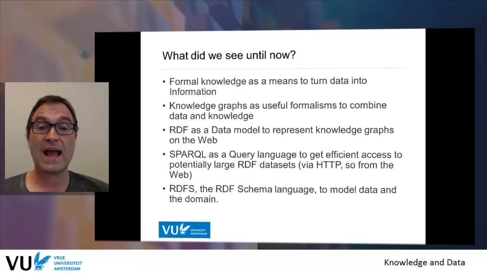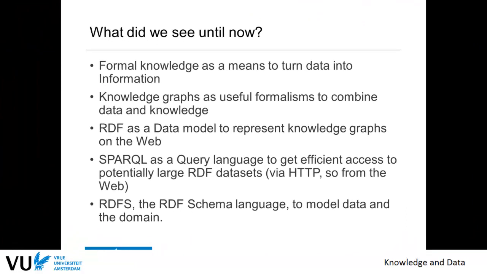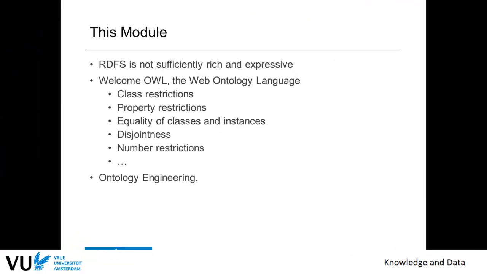So you can access every RDF data set that's available on the web, which makes this a very powerful general mechanism. We finally looked at RDFS, which is the RDF schema language, in which you can model the metadata of the data, and also information about the domain, such as given domain and ranges. And this was the exercise that you worked on last week, so I'm sure you're all familiar with that.